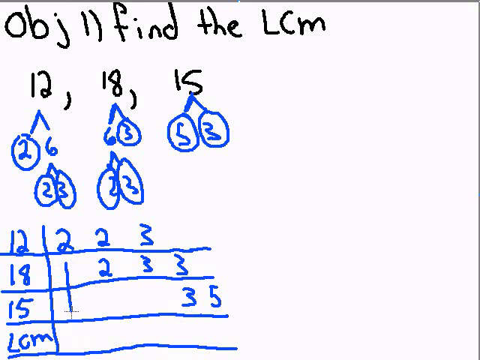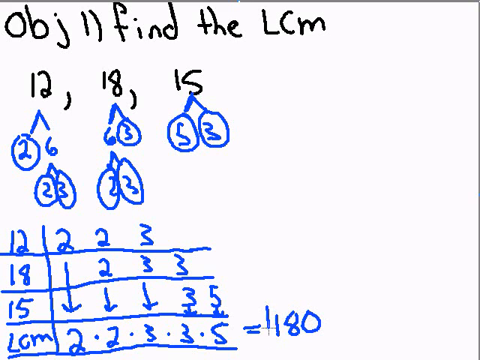So we bring down each factor, we get a 2, a 2, a 3, another 3, and a 5. When we multiply all those together, you should get 180. So the least common multiple of 12, 18, and 15 is 180.